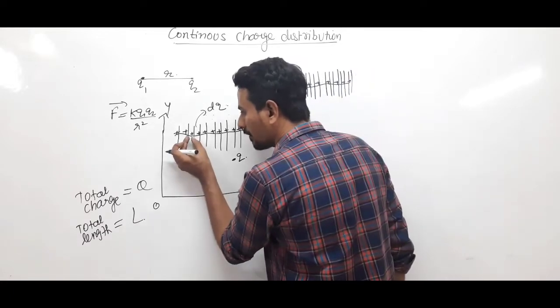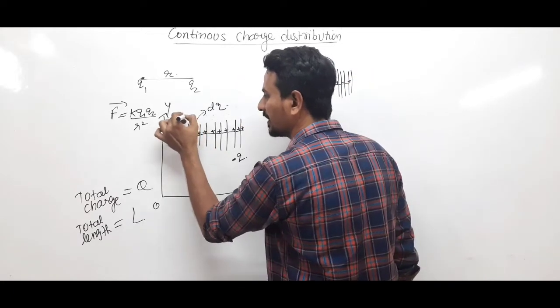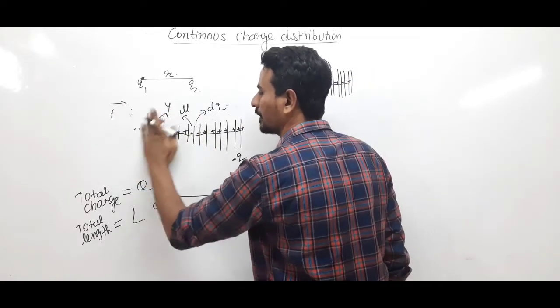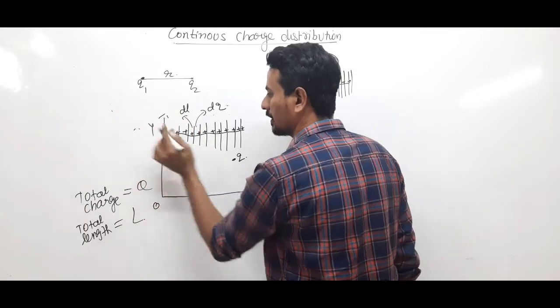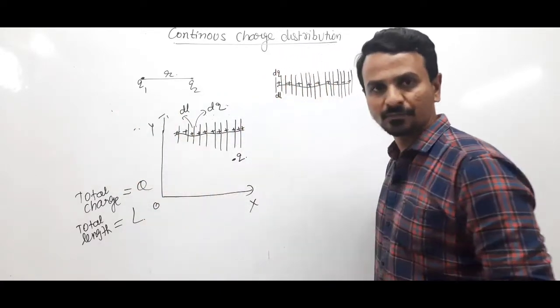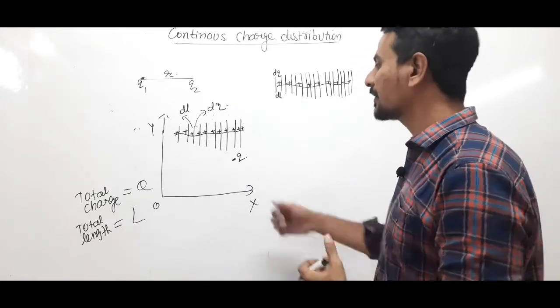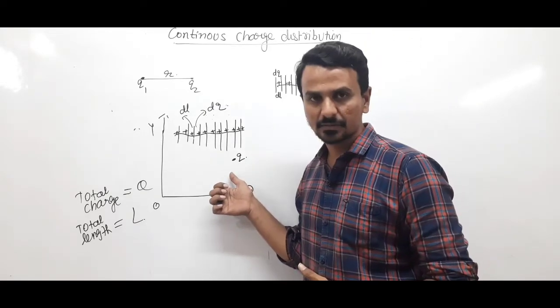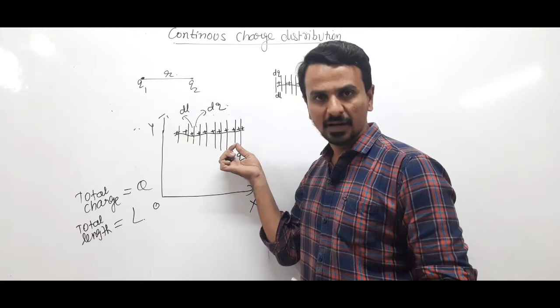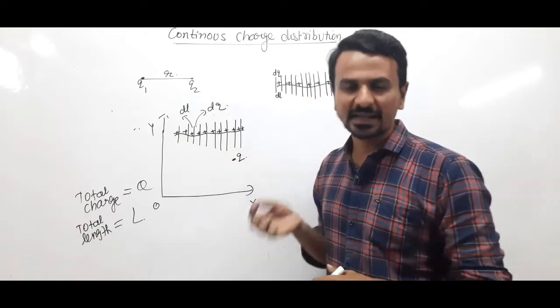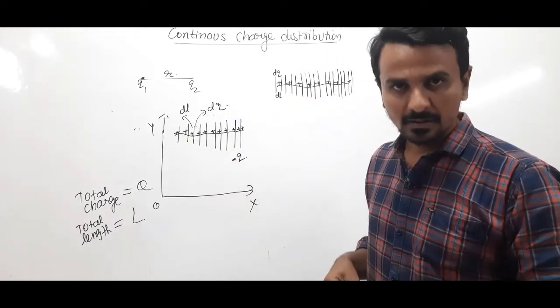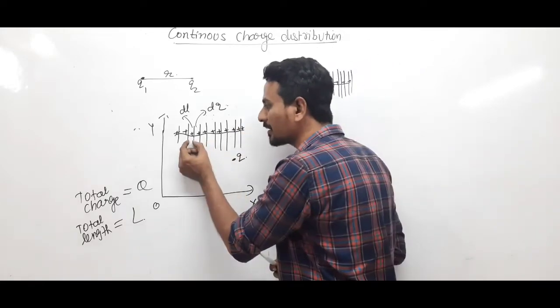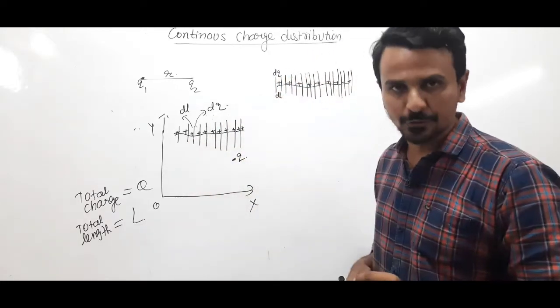For a very small part of say length dl, this charge is dq. How will we calculate the force acting on this charge? We'll divide the line into very small elements, each element of length dl, right? This dl part is having a charge dq.